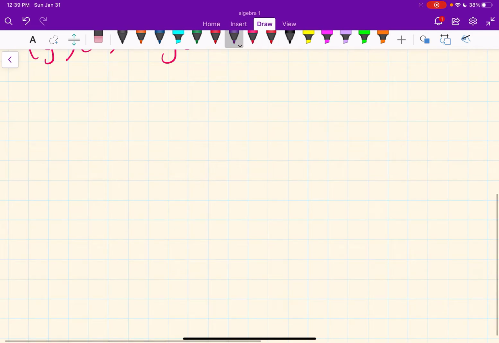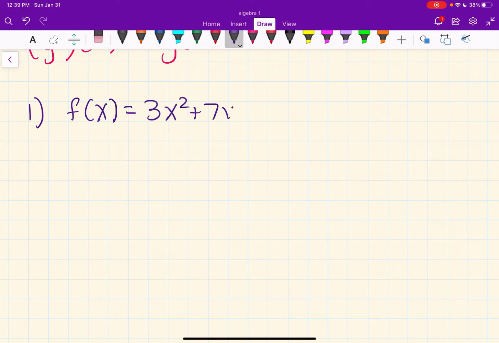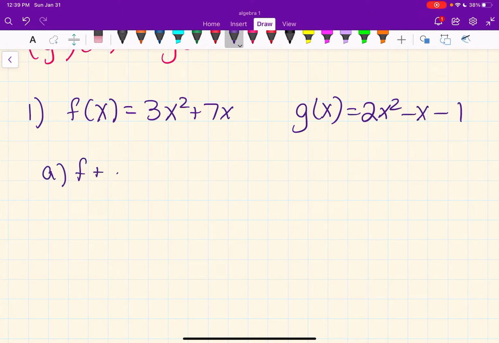All right, number 1. You have f of x equals 3x squared plus 7x, and g of x equals 2x squared minus x minus 1. So A says f plus g of x. So that really just means f of x plus g of x.